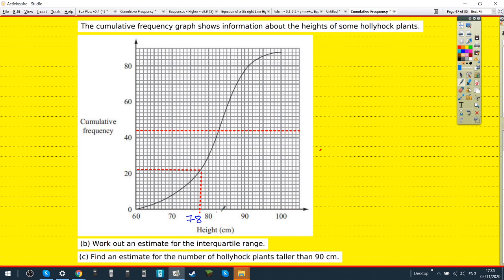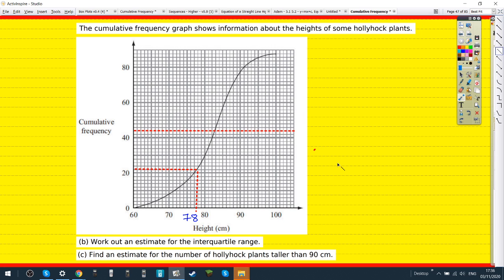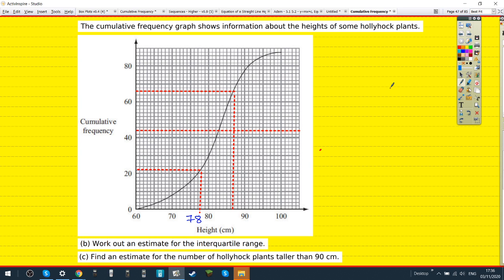These are going up in ones, and these are going up in twos. And then you need to find three quarters. So 22 times 3 is 66. That's 3 above 60. It looks like it's that one right there, and that is 87.